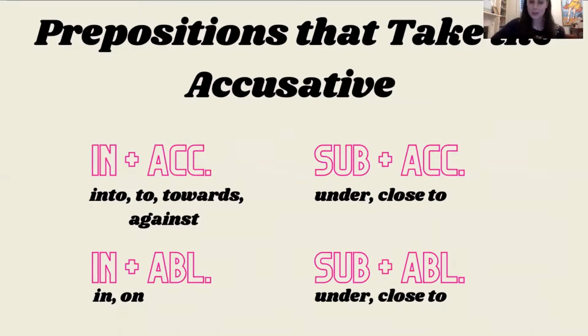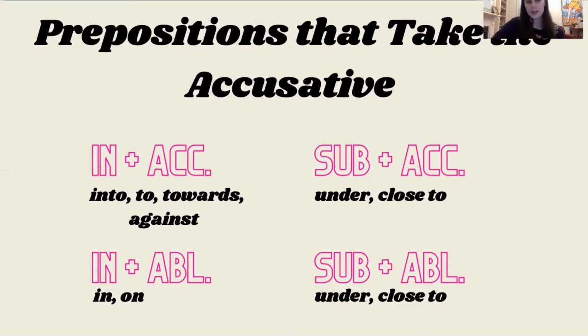And just as some little bonus content, we have got prepositions that can take the accusative, right? These are the extra fun prepositions because their meaning changes depending on what case follows them, right? So let's have a look at, so in is a classic case. So in plus the ablative means that you're in or on something, right? It's in the drawer, or it's on top of the sofa, on top of the desk.